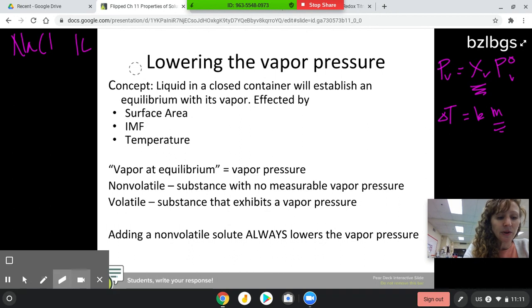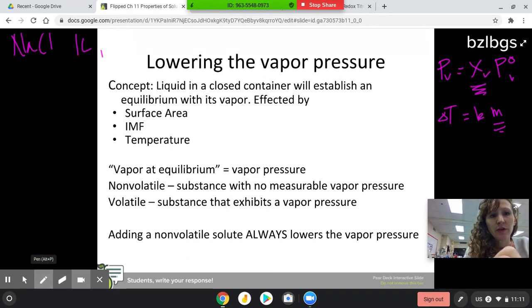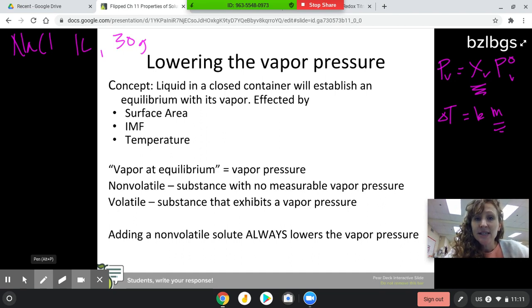Let's say we put 30 grams of sodium chloride into 1 liter. Tell me what that molarity is in terms of sodium chloride. I'll give you 30 seconds to set up that calculation and calculate the molarity of that solution for me.